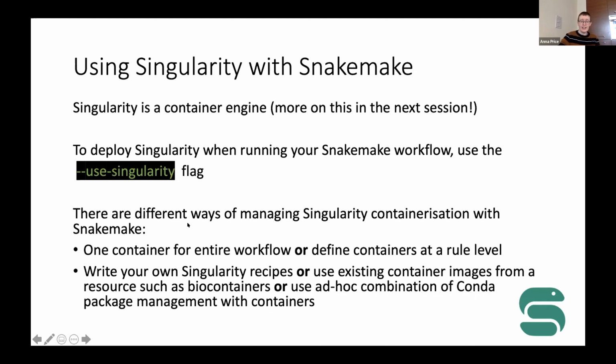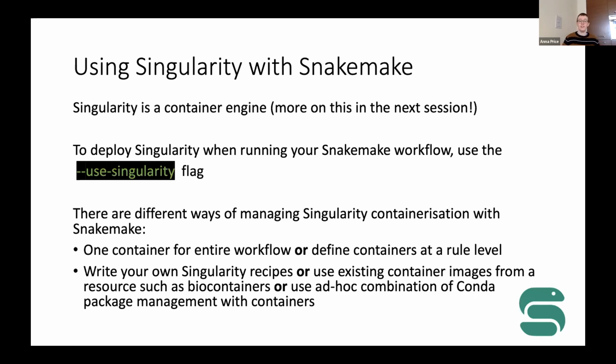And in terms of where you get the containers from, you can write your own Singularity recipes if you wish to. A Singularity recipe or definition file is like a little script, a list of instructions to Singularity on how to build a Singularity image. We'll see a bit later what a Singularity recipe looks like.